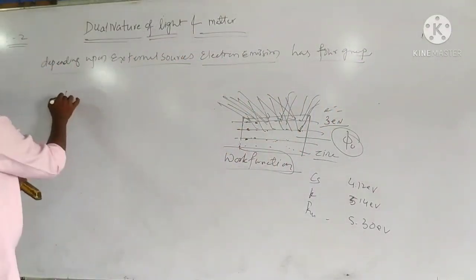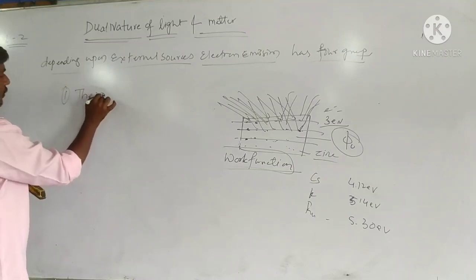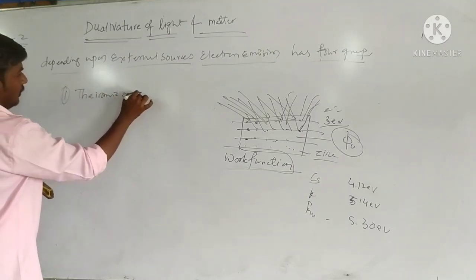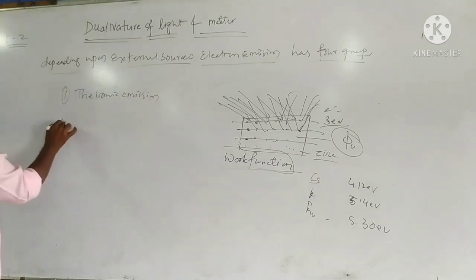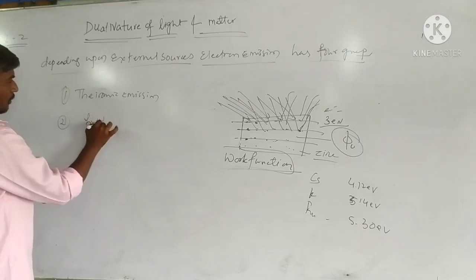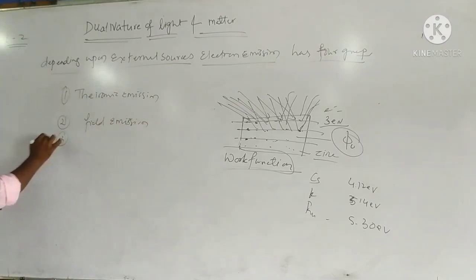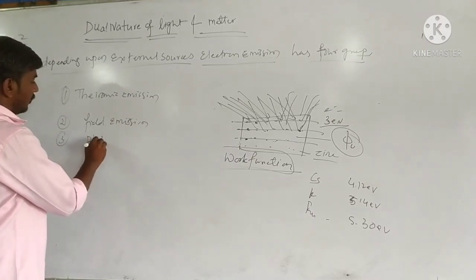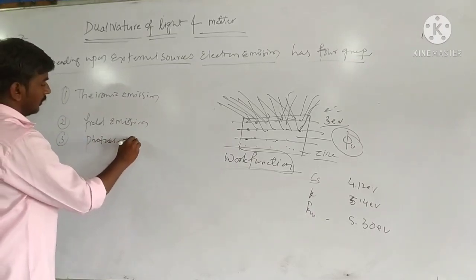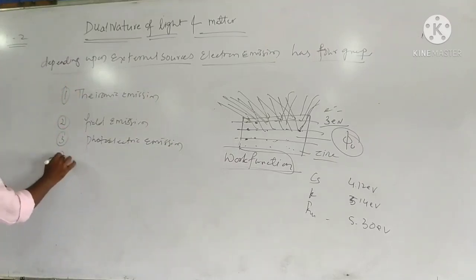Okay, first वाला था thermionic emission. Second one is field emission. Third one photoelectric emission. Fourth one secondary emission.